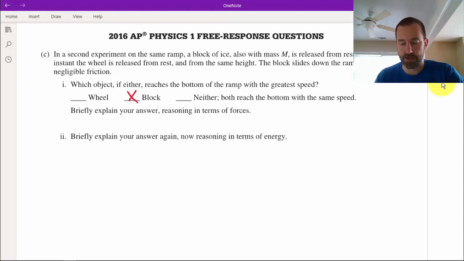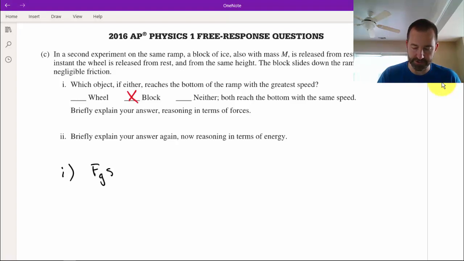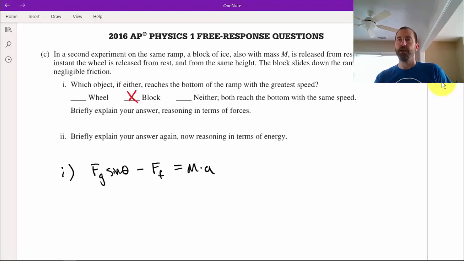But why? So in terms of forces, if we apply that equation that we just set up, that the force that's going down the incline, which would be Fg sine theta, minus the force of friction would be equal to m times a. Well, in the case of the block, there's no force of friction. So in terms of forces, there's a greater net force.